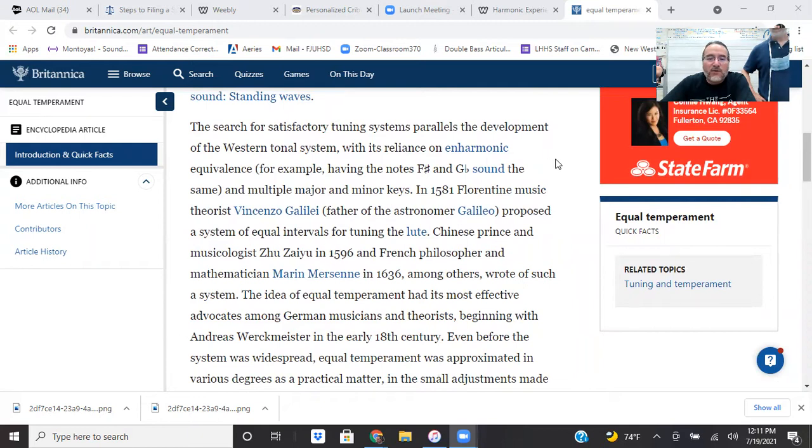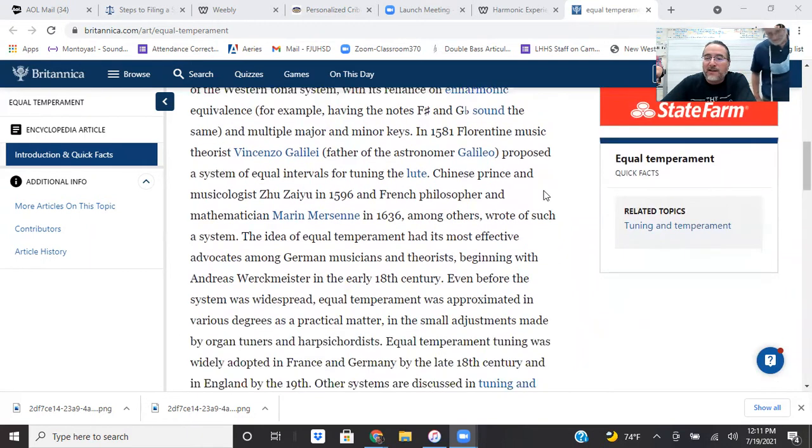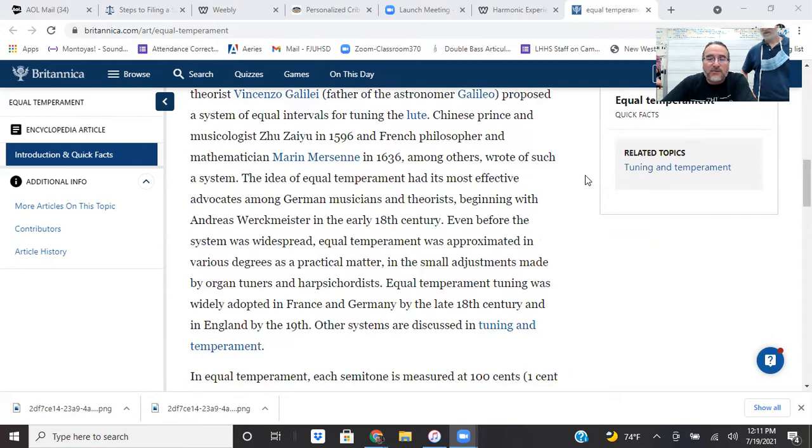In 1581, Galilei, father of Galileo, proposed a system of equal intervals in tuning for the lute. Chinese prince and musicologist Zhu Zhaiyu in 1596, and French philosopher Mersenne in 1636, among others, wrote of such a system.